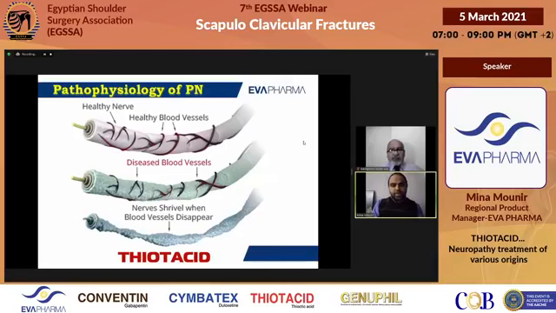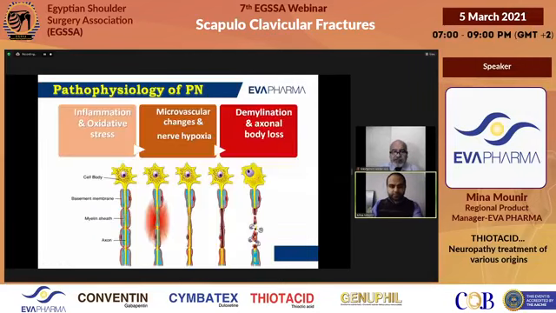As you see here, this is the path of the nerve from the healthy state to diseased blood vessels affecting the circulation of the nerve, and at the end, demyelination and dysfunction of the nerve.